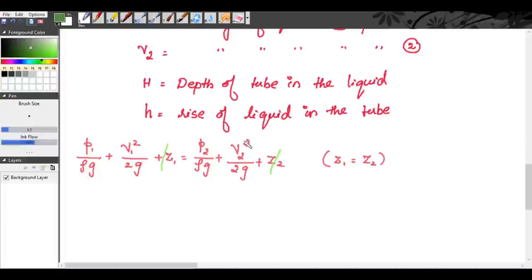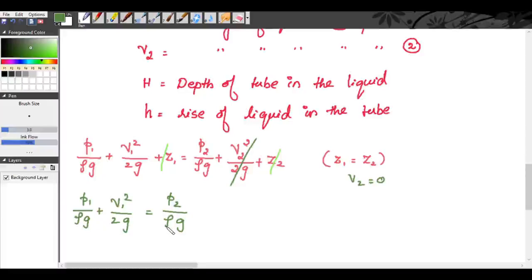So this V2 becomes 0, and you can cancel this. Remaining, we have P1 by rho g plus V1 square by 2g is equal to P2 by rho g.